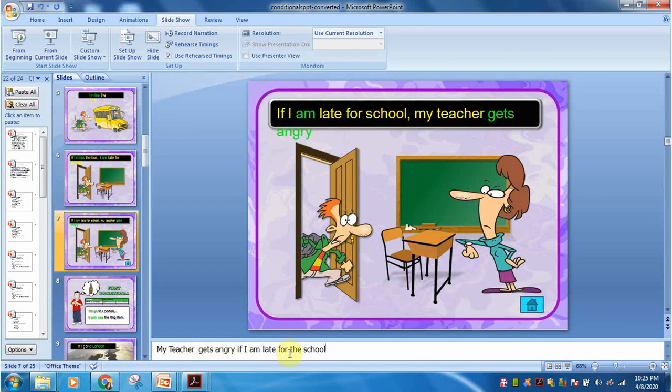If such a case happens, this comma will get deleted. We will no longer have this comma. So if I reverse this, my comma will also get deleted: my teacher gets angry if I am late for the school. It will be without a comma. So clear about this much? We will discuss the remaining portion in the next class.